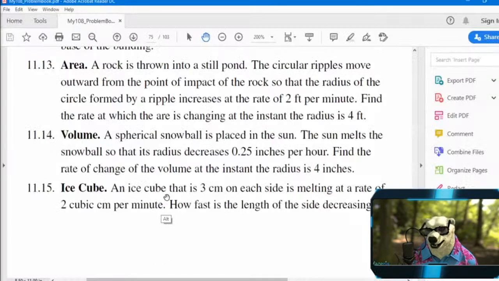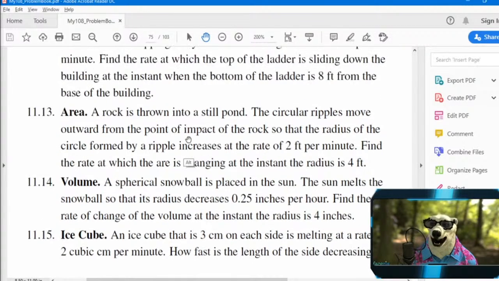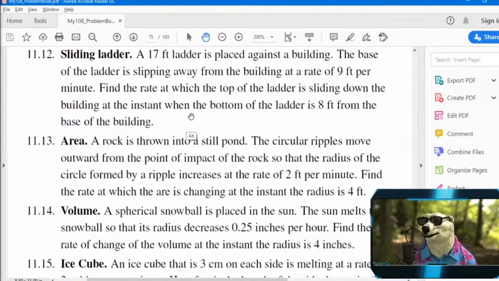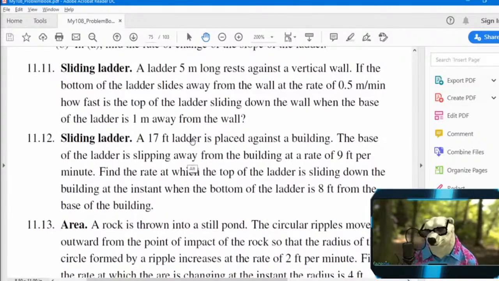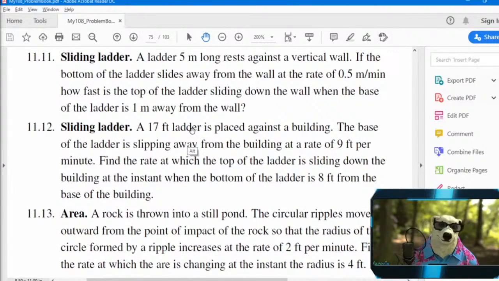Okay, so the next one that I want to do is sliding ladder. Number 12. Oh, there we go. No, that's not the one. 11. So we have a ladder 5 meters long that rests against a vertical wall.